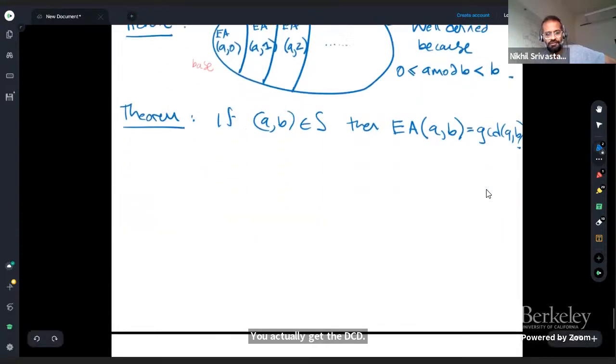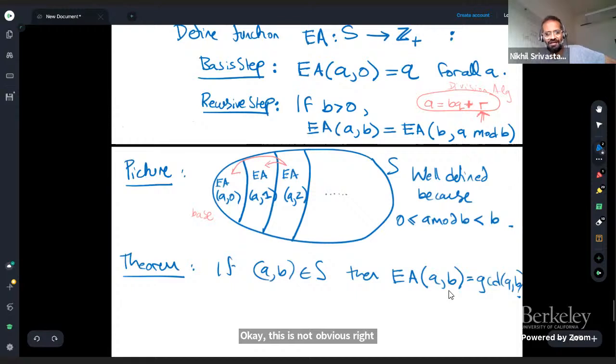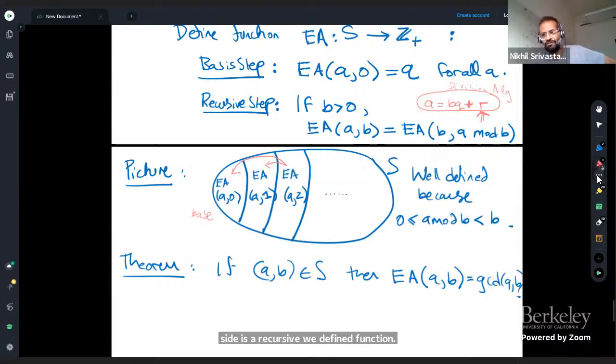This is not obvious, right? Because the left-hand side is a recursively defined function, and the right-hand side is defined in some completely different way. You look at all the divisors and you take the largest common divisor.